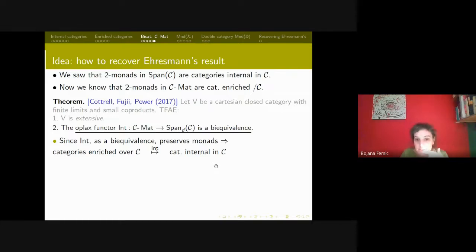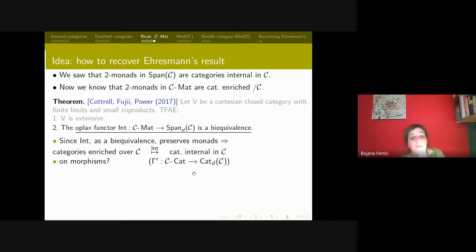by this equivalence. But what about morphisms among these enriched and internal categories? The question is: is it true that enriched functors will be mapped into internal functors by some convenient biequivalence? That's the question.